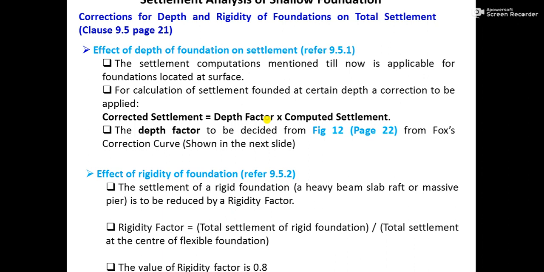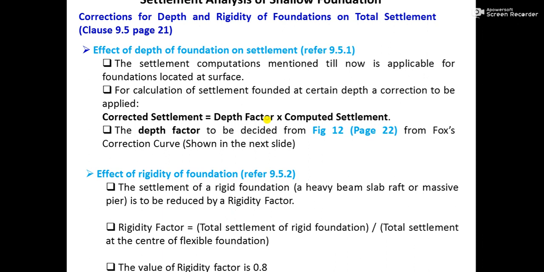Then, on the corrected settlement value you get after the depth correction, you should apply the effect of rigidity of the foundation. That means the rigidity correction factor should be applied after you have corrected the settlement for depth factor.